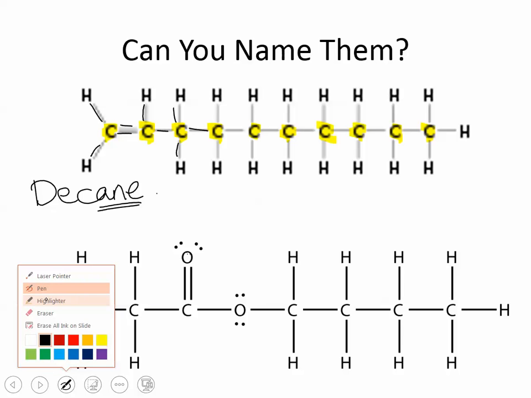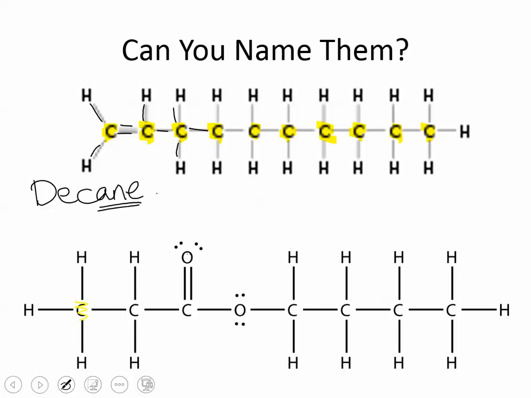Right, last but not least then. Let's go back to the highlighter. So we've got 1, 2, 3 on this side, and we've got 1, 2, 3, 4 on that side.